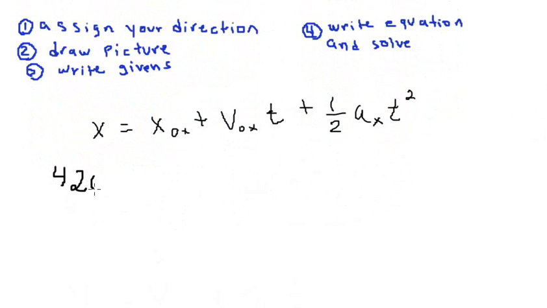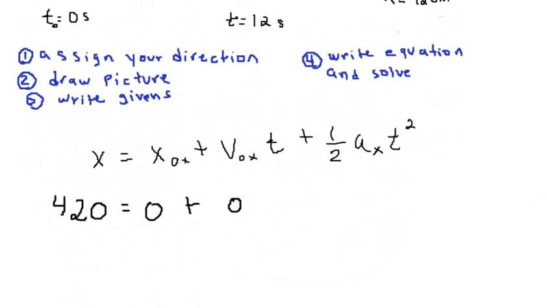I am not going to write the units until the very end in order to avoid any long complications. The initial distance is 0, plus the initial velocity is 0 meters per second, and the time that it takes is 12 seconds.